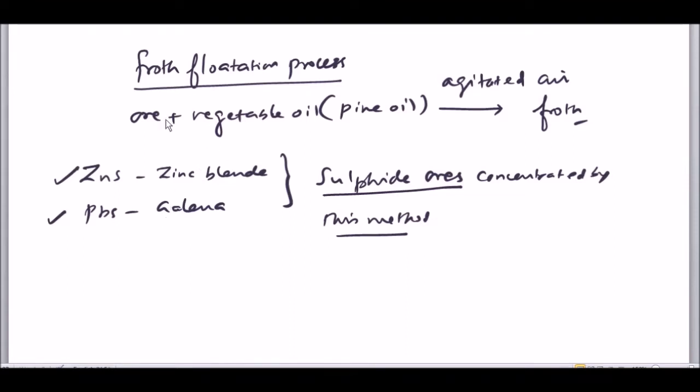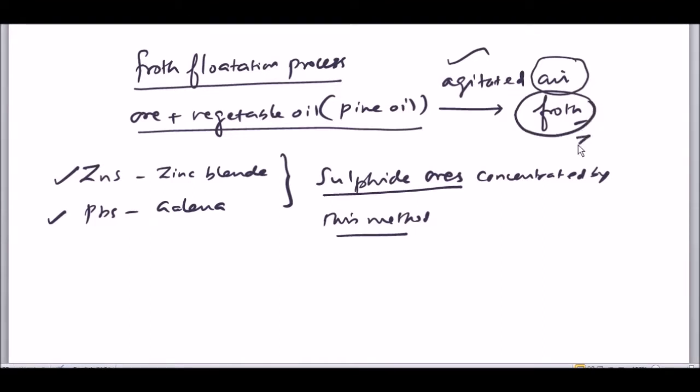Wash the ore with suitable vegetable oil, and after mixing them, you should send air into the mixture, and on thorough mixing, on agitation, froths are formed. The froth may take up the sulfides like ZnS and PbS, and unwanted things may be retained in the vessel itself.